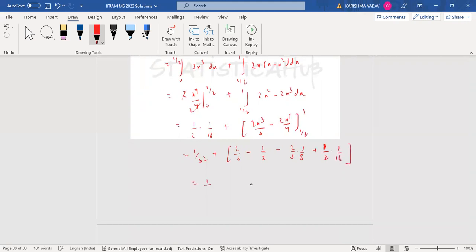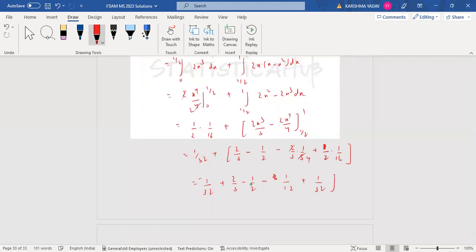And we'll solve this, that is 1 by 32 plus 2 by 3 minus 1 by 2 minus, 2 4s are 8, 1 by 12, plus 1 by 32.